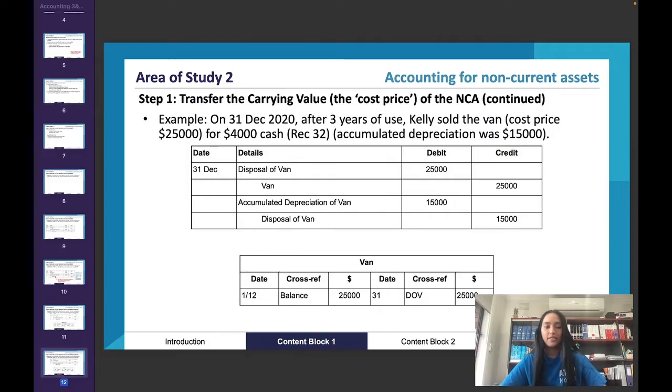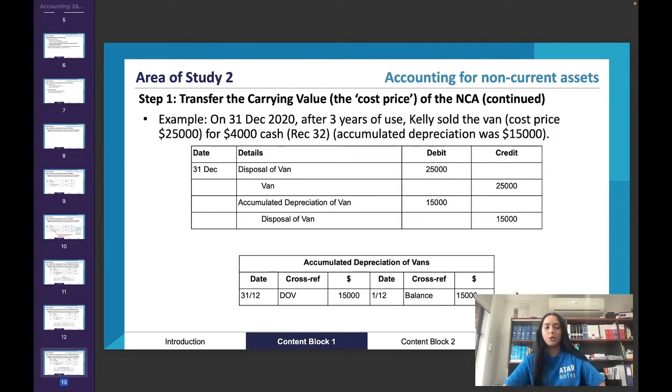And then on the 31st of December, on the credit side, we can see a credit entry of $25,000 and the cross-reference is disposal of van. You can see here that disposal of van has been abbreviated just because there was no room, but in your SACs and in your exam, you can't abbreviate any of the ledger account names in the cross-reference.